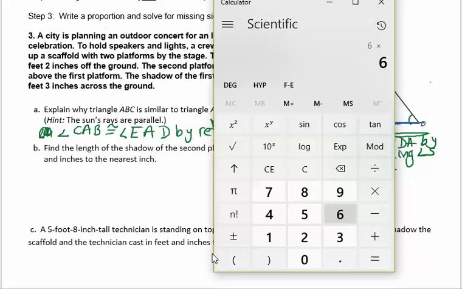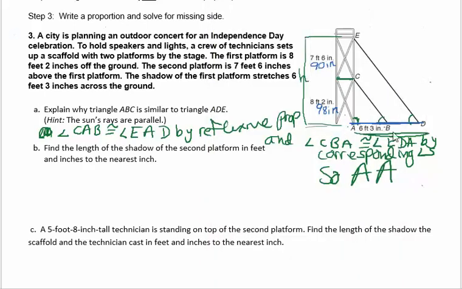So 6 times 12 is 72, plus, it was 3, wasn't it? 72, yeah, it was 3, so that'd be 75 inches. Now I do need to know the height from E to A, so EA would be 90 plus 98, so 188 inches for this whole height.